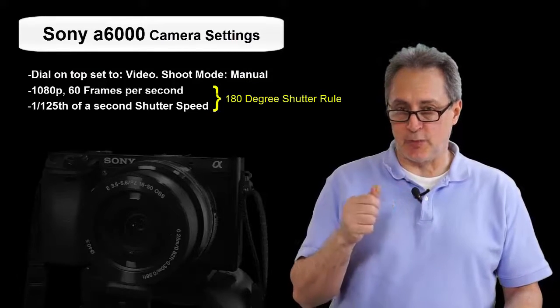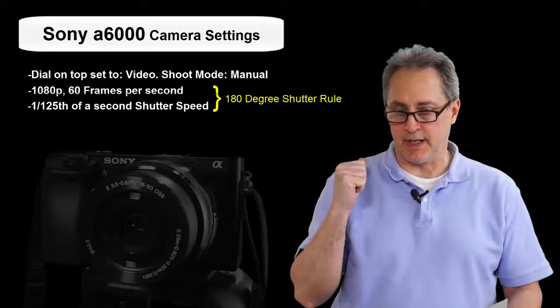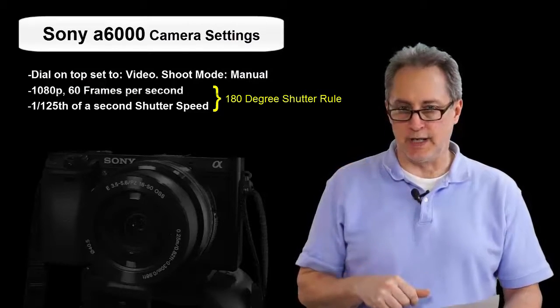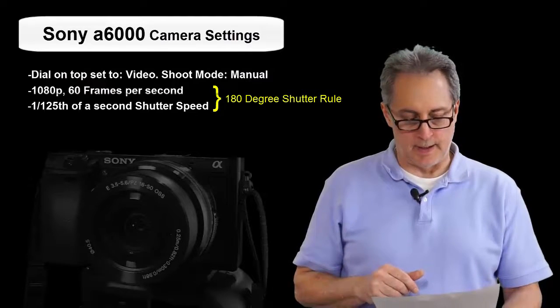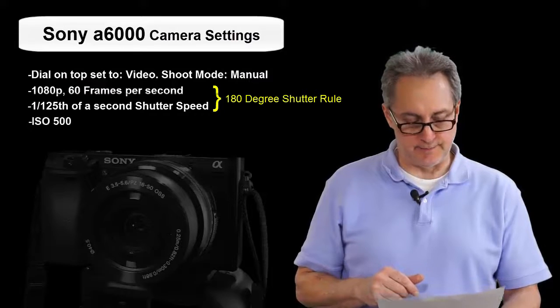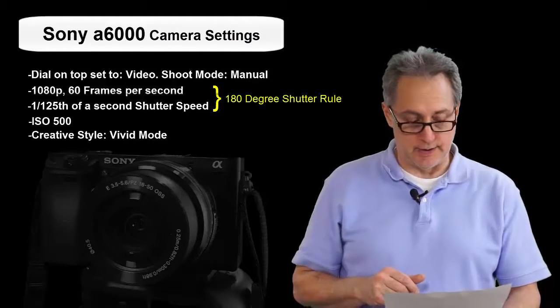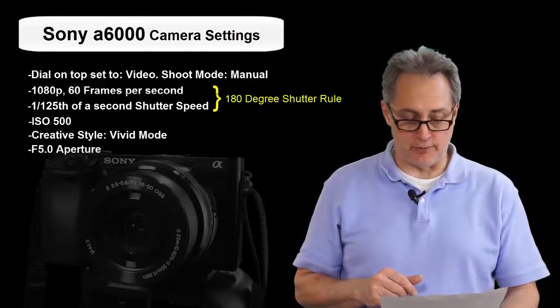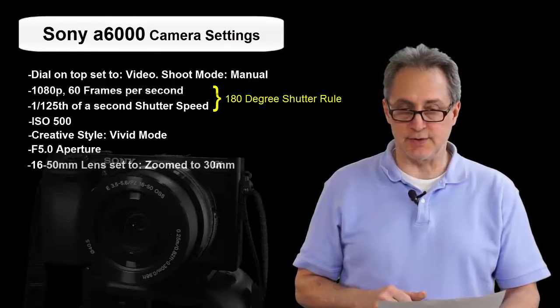If you don't know what that is, go back to one of my other videos called the Canon EOS M camera and see what the 180-degree shutter rule is. I'm in ISO 500. In the creative style, I'm in the vivid mode. I've got an aperture of 5.0. My 16 to 50 millimeter lens is zoomed out to 30 millimeter.